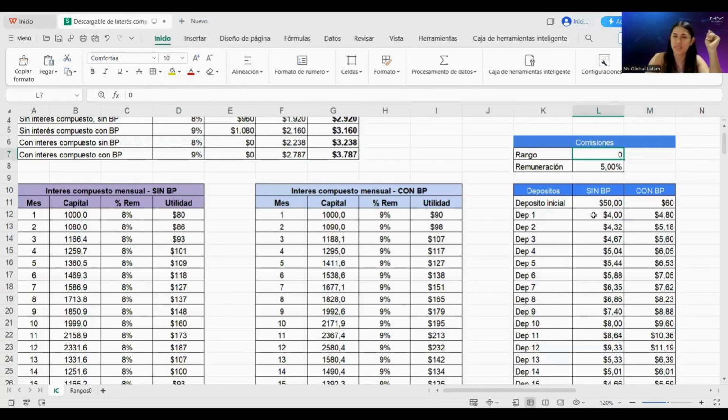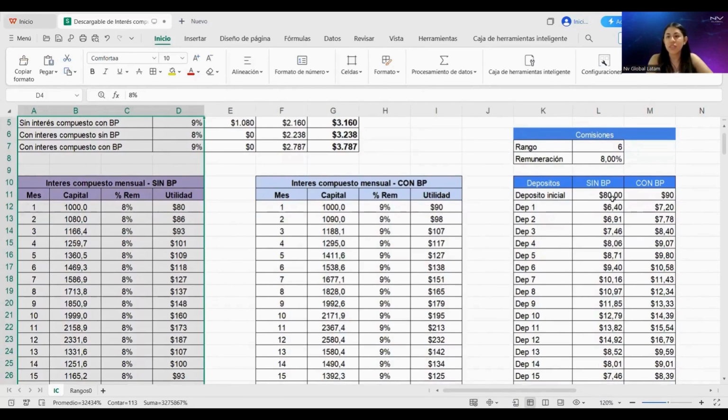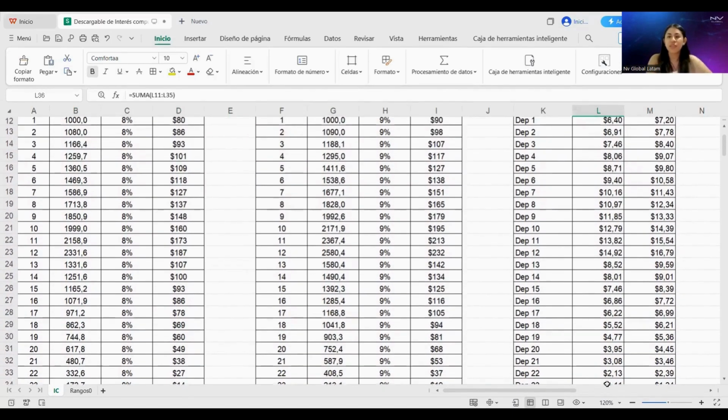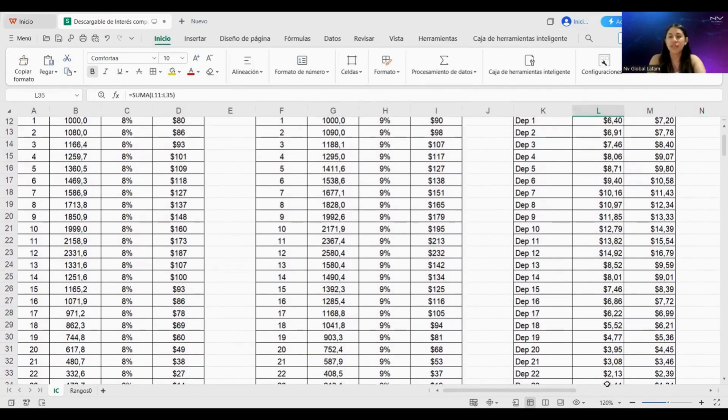If Mrs. Alicia right now, being at rank 6, has someone in her team with $1,000 and encourages them to follow the $1,000 strategy, the one with compound interest for 2 years, thanks to developing this strategy, she will earn an additional $259. In addition to the work she has already been doing, the bonuses she has earned for reaching her rank and everything else, she will generate $259 in direct bonuses thanks to this.